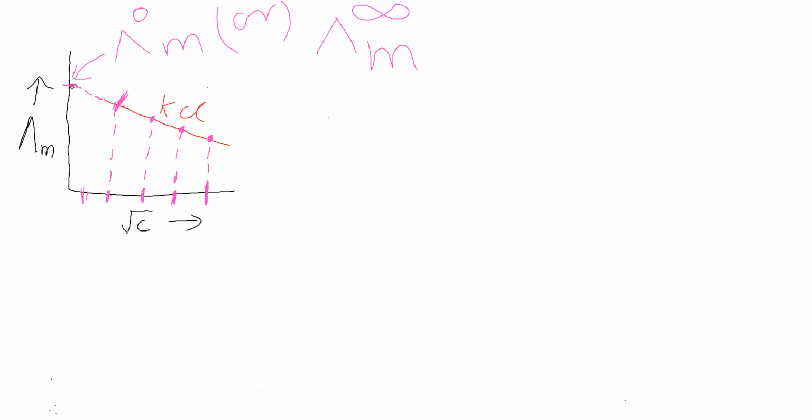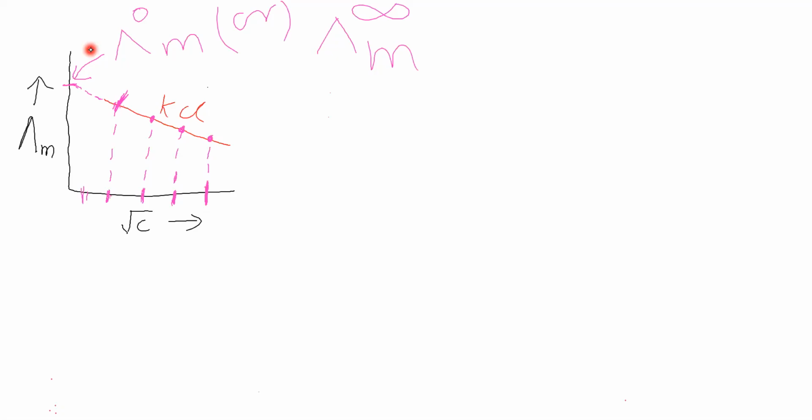Remember that for strong electrolytes we can get lambda m naught or lambda m infinity through the graph by extrapolation. Okay, now we will see the next point.